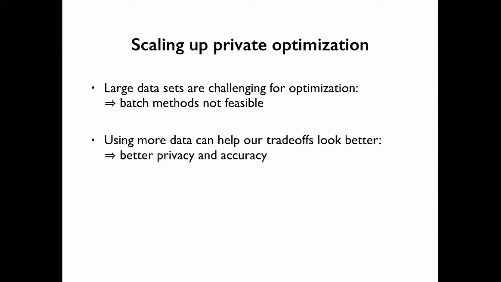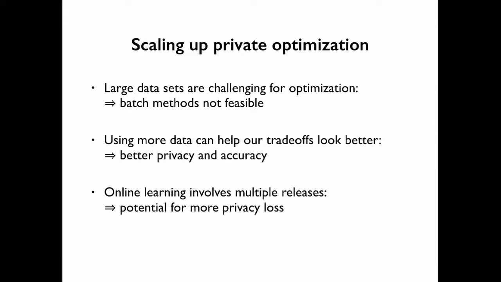Using more data can also help make our trade-offs look better. Remember the triangle that Kamalika presented: privacy, accuracy and sample size. If I just boost up the sample size, I should be able to get both privacy and accuracy. It's like having your cake and eating it too.